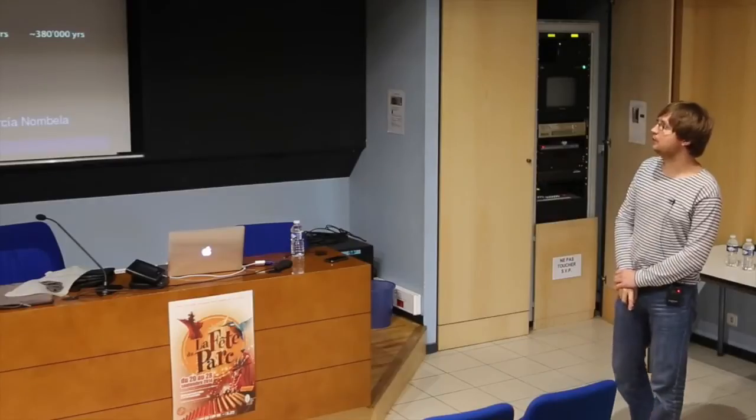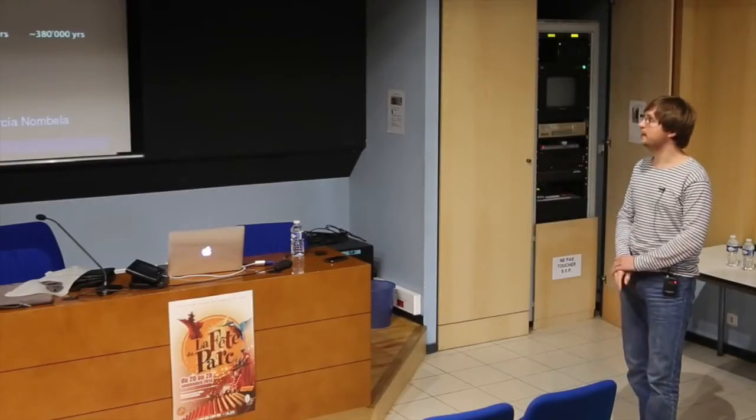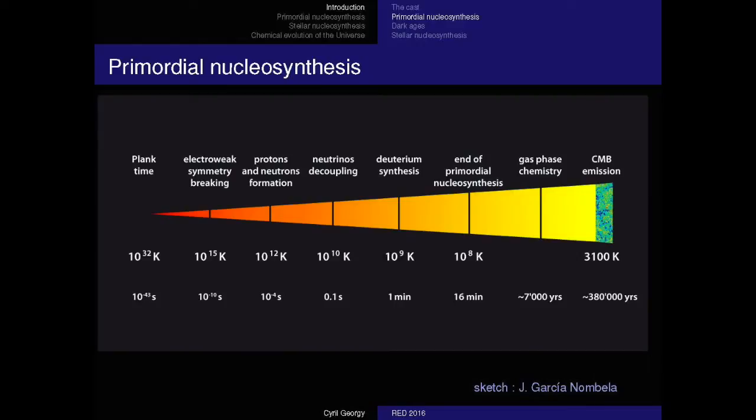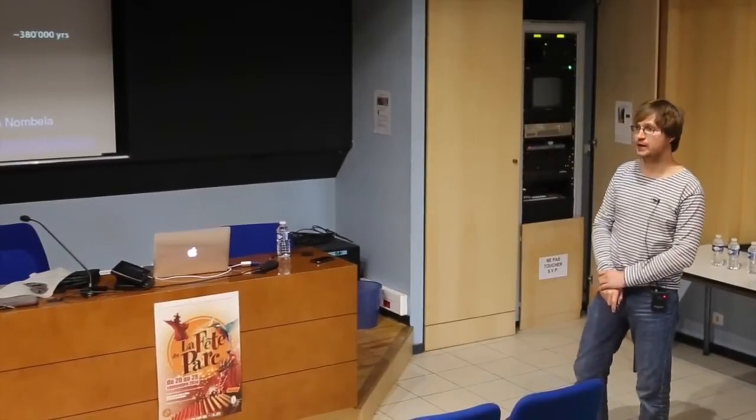So this is another view of this timeline, zoomed, focused on the very first time between, let's say, 0 and 380,000 years, where the CMB was emitted. So at the very beginning, we have something that is called the Planck time, which is a kind of limit of our knowledge, where we know that general relativity and quantum physics should work together to tell us about what happened there.